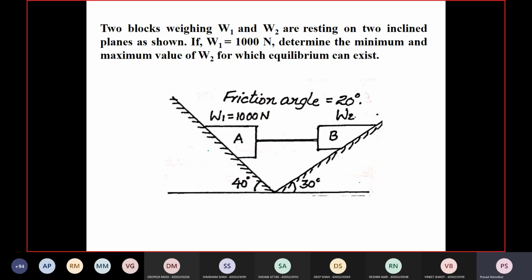Alright. Next question. Two blocks W1 and W2 are resting on two inclined planes as shown in the figure. W1 is 1000 newtons. Determine the maximum value of W2 for which equilibrium can exist.